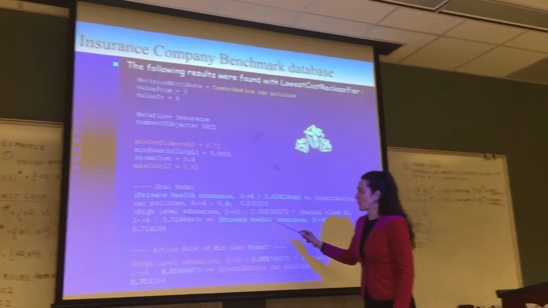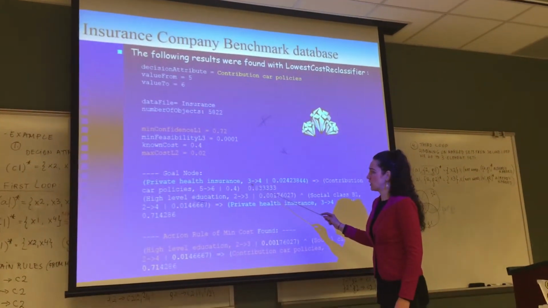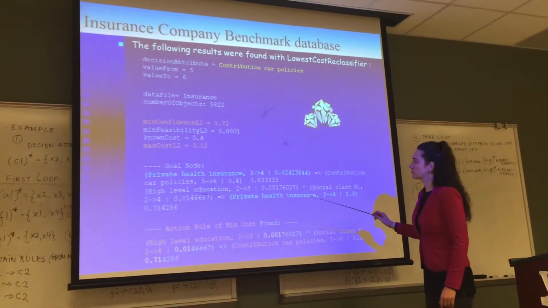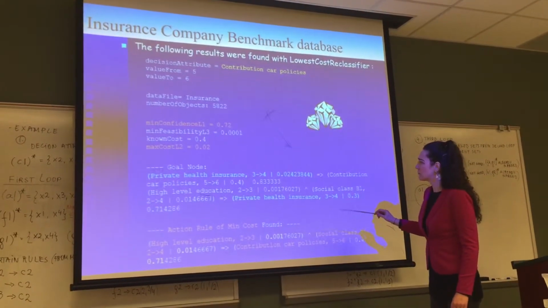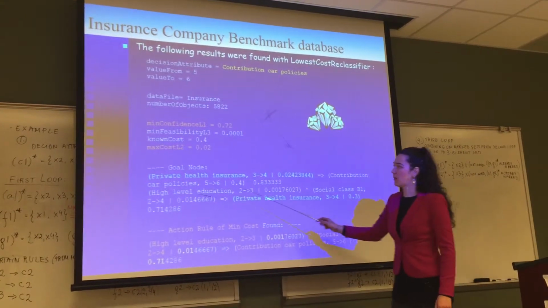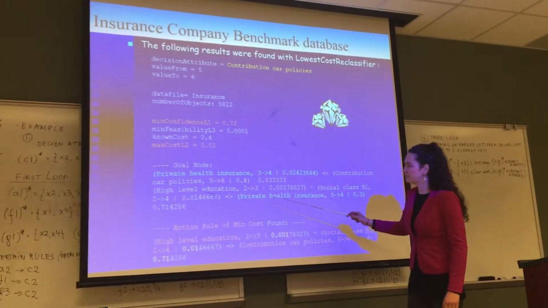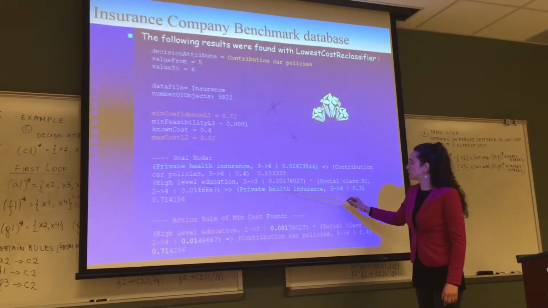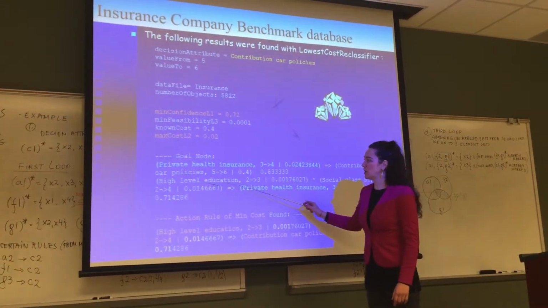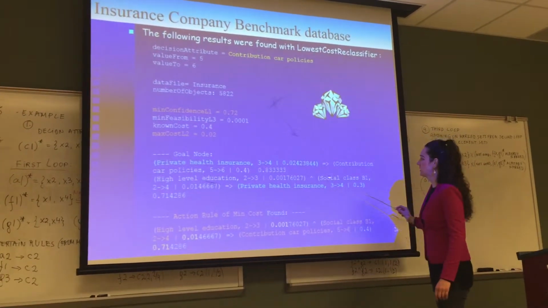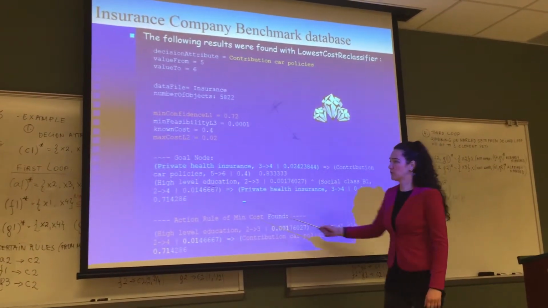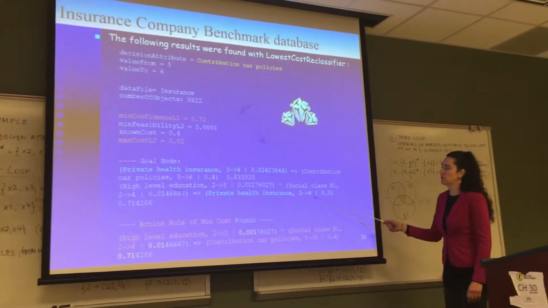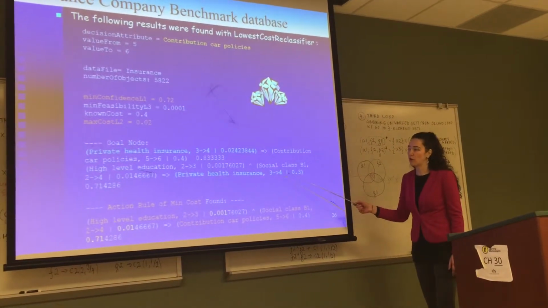It says private health insurance, if it changes from value 3 to value 4, then the contribution to car policies will change from 5 to 6. Another rule says if the education changes from level 2 to level 3 and the social class changes from 2 to 4, then the private health insurance will change from 3 to 4, or it will increase.